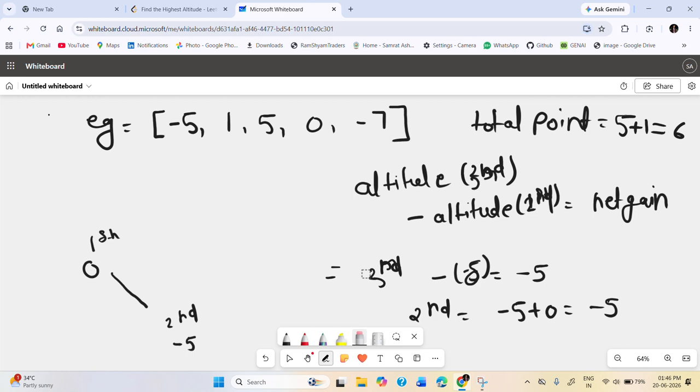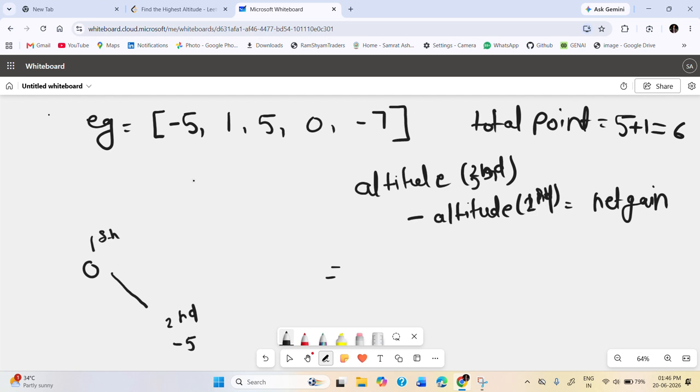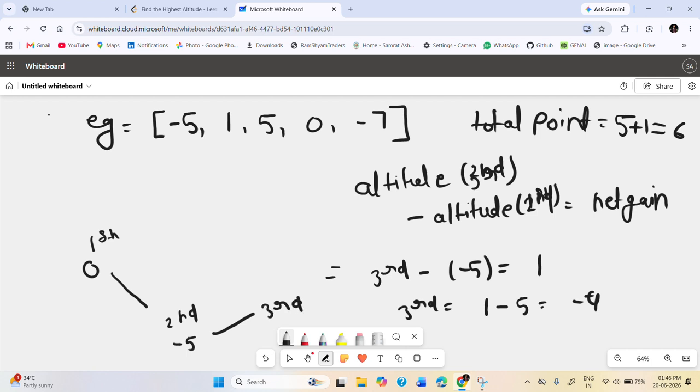So here we write this again. Third minus of minus 5 will be 1. So the third altitude will be 1 minus 5, which is minus 4. So the biker goes up from here. The third point will be here, which will be at minus 4 altitude.